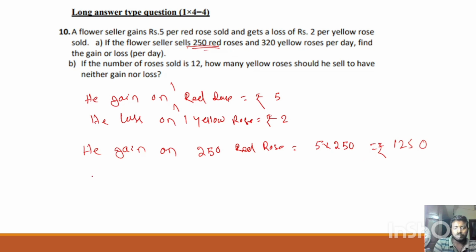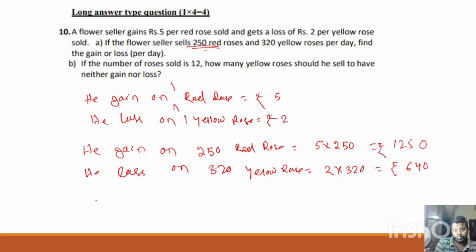Okay, now he lost on 320 yellow roses. Then he lost 2 into 320, that is 640. Then overall he gained, because overall find the gain.